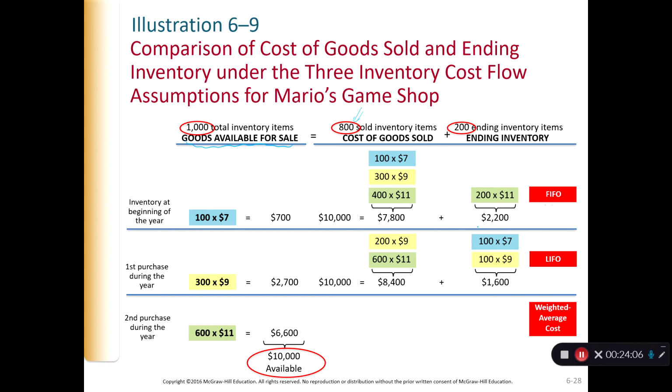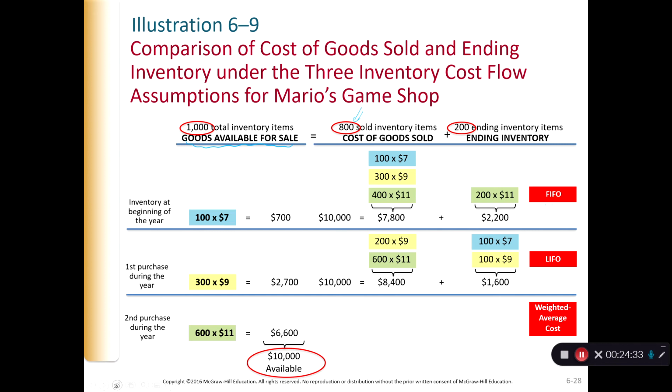And then the leftover cost layer is going to be the beginning balance of the old inventory from the previous period, right? 100 multiplied by 7, and the leftover 100 in this 300 at $9 cost layer. And it results in cost of goods sold of $8,400.